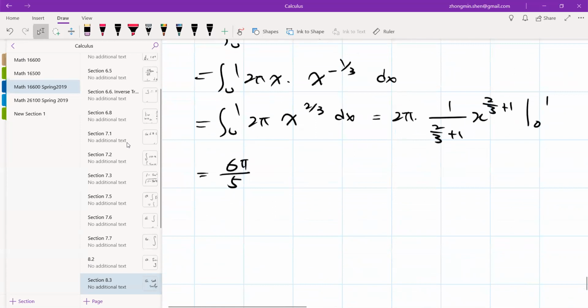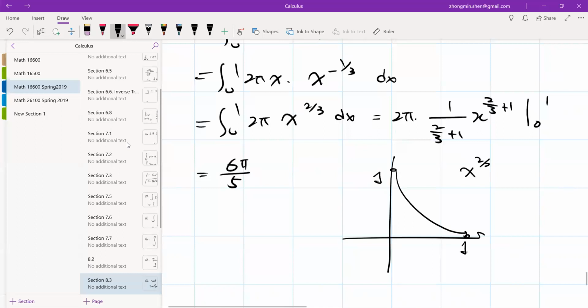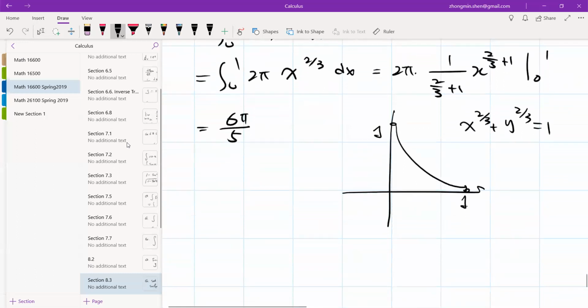But there's possibly another way to parameterize this curve. Okay, here's the 1, right? And x to the 2/3 plus y to the 2/3 equals 1. Remember this function, right? It's 2/3, 2/3. And I think maybe you can parameterize it in the form x equals cosine cubed t, y equals sine cubed t.